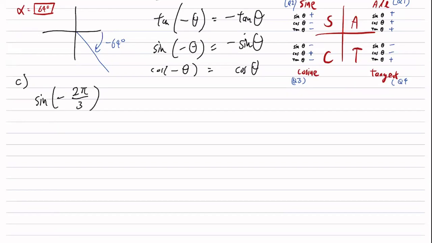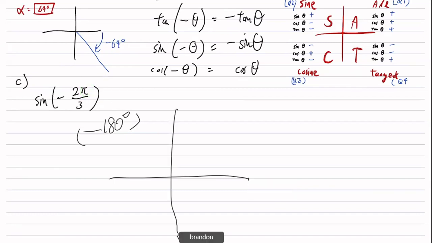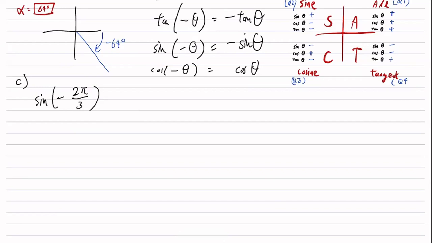No? Okay. I like to convert it into degrees first. How many degrees is this? Negative 180. Wrong. Pi is 180. Pi equals 180 degrees. So it's negative 120.